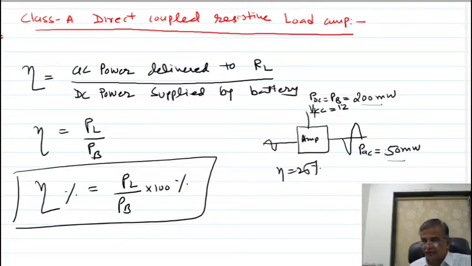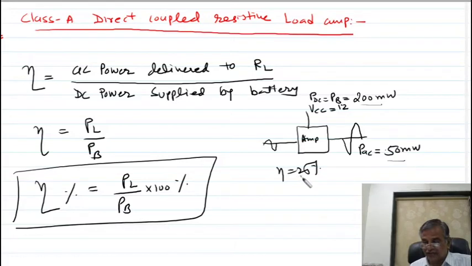The remaining power is 150 milliwatt, so it is wastage in this circuit, because this circuit's efficiency is 25%. This is a direct coupled resistive load amplifier, so its efficiency is 25%. It converts only 25%, which is 50.